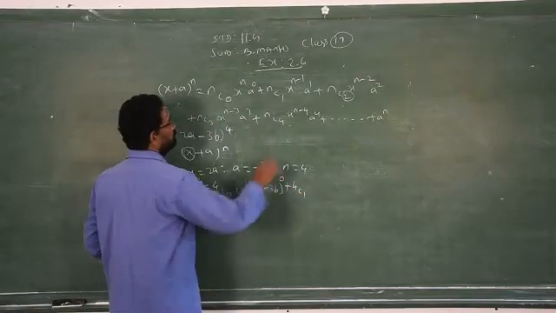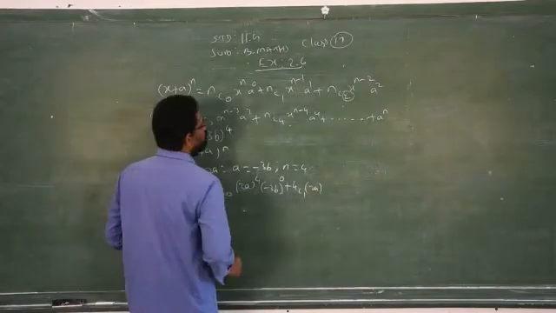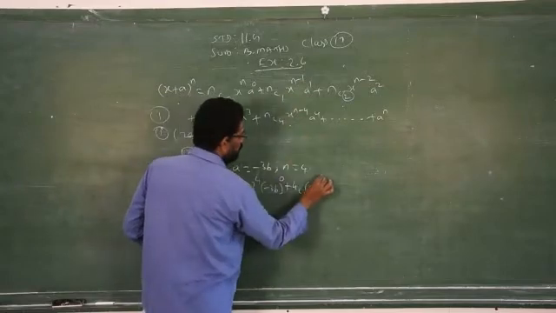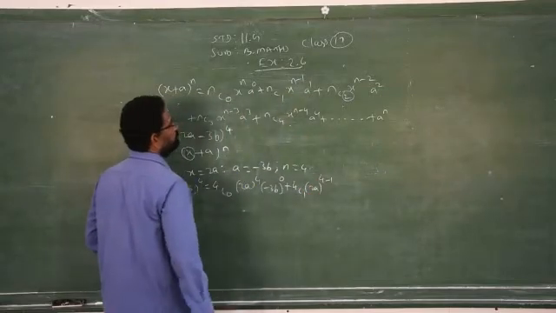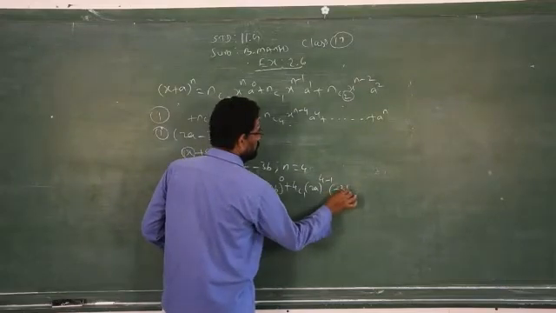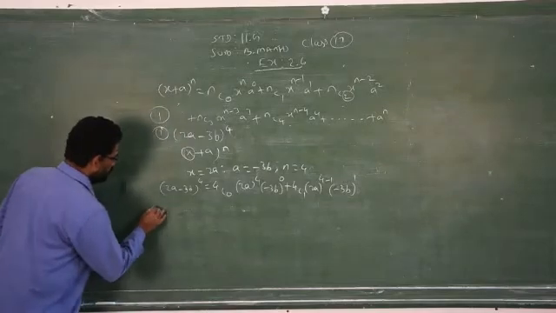4c1. What is my x? x is 2a. 2a power n minus 1, that is 4 minus 1. Then a, what is our a? Minus 3b power 1. Clear? So next what will come?